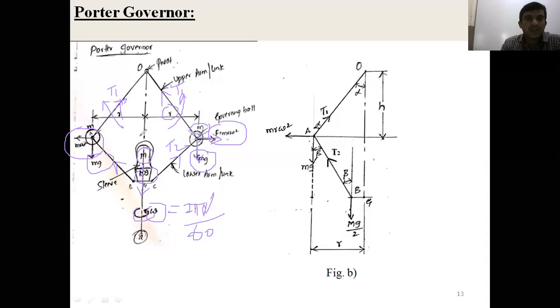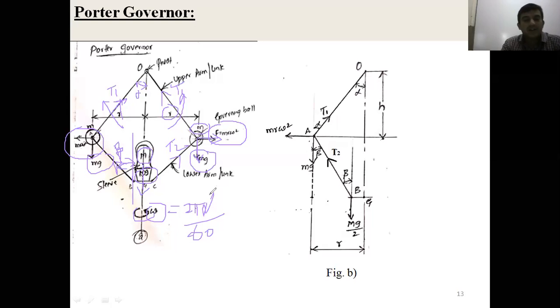Now before that, at equilibrium position, the angle subtended by the upper arm with respect to the governor shaft axis, I will call alpha. At the same time, if we take the lower arm with respect to the governor shaft axis, that angle I will call beta.